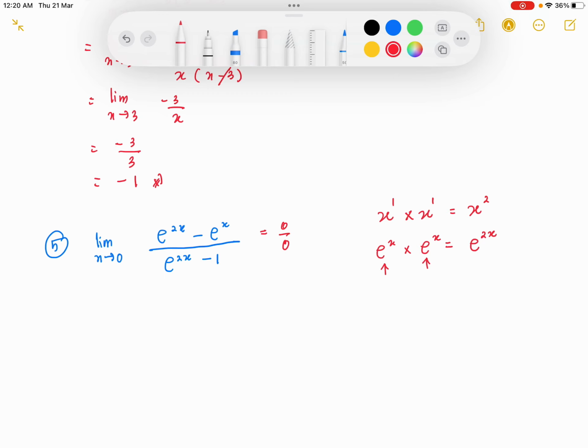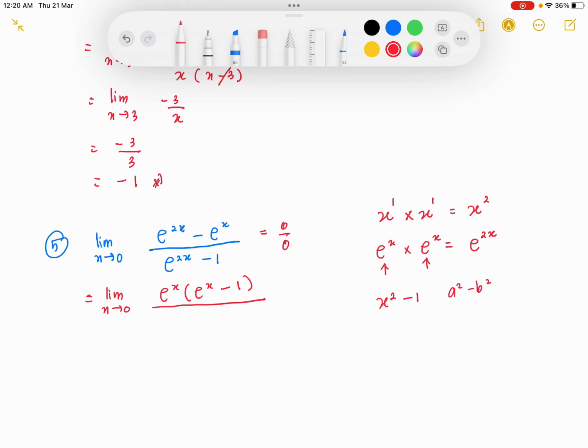So first we can factorize the numerator and denominator. So limit x approaches 0 of e power of x times (e power of x minus 1), divided by, okay, the denominator, e power of 2x minus 1, which is equivalent to x squared minus 1. For x squared minus 1, we can use the theorem a squared minus b squared.